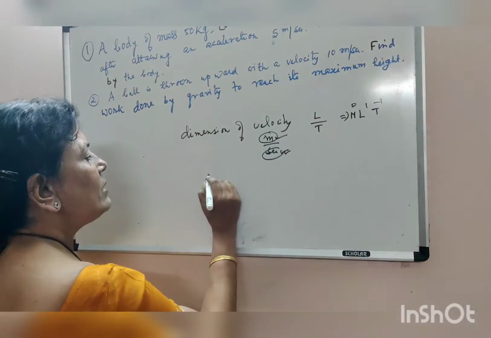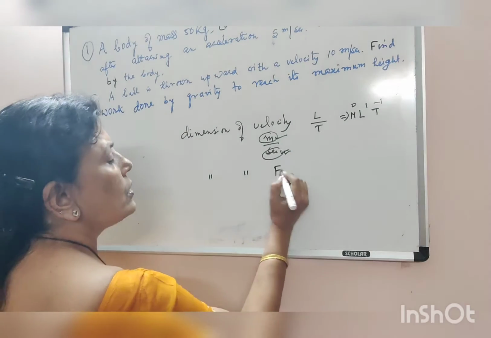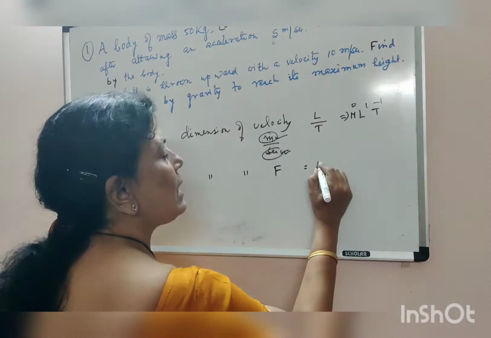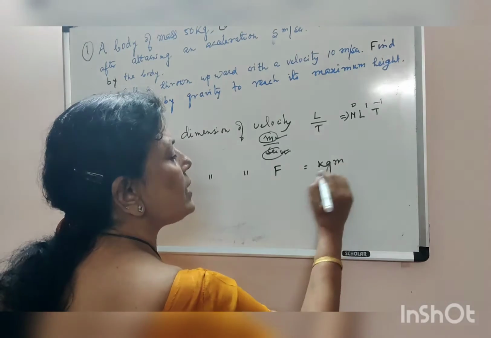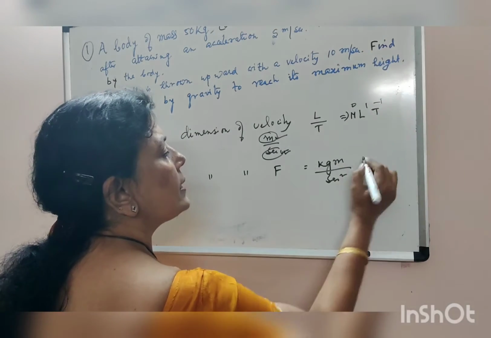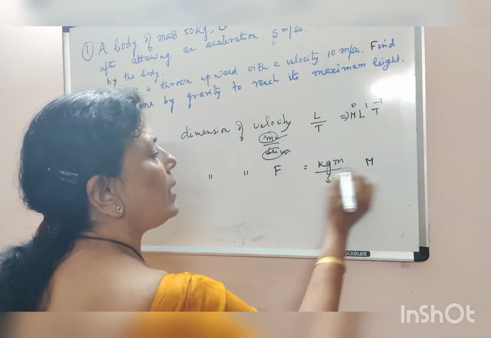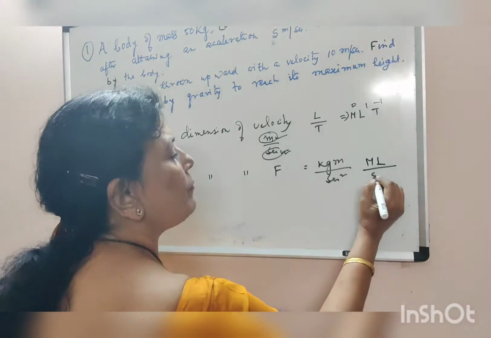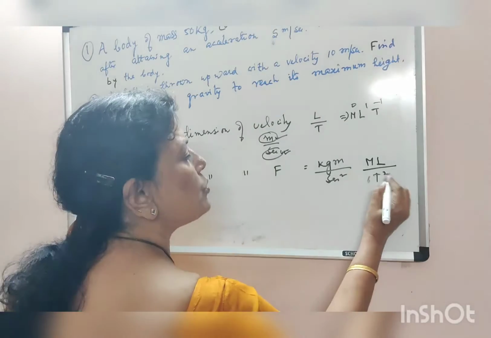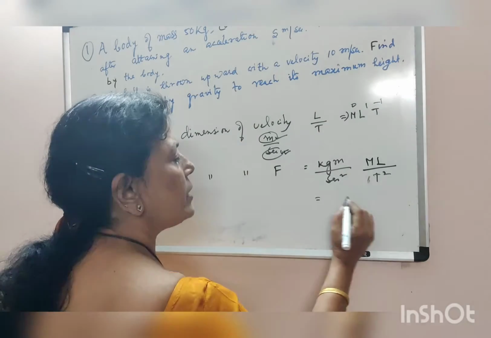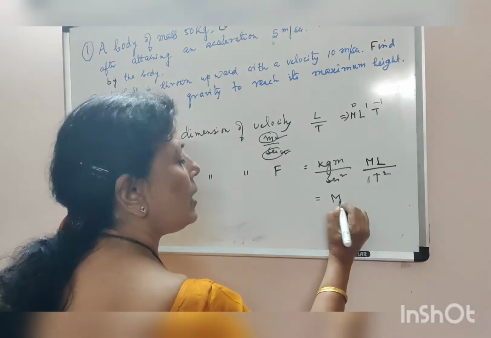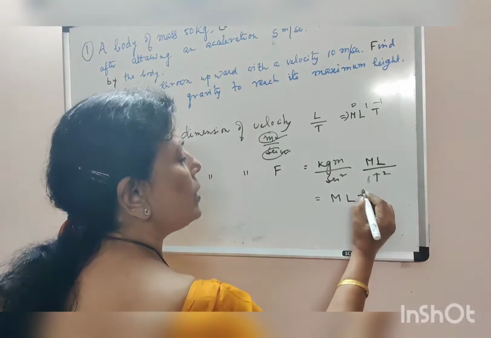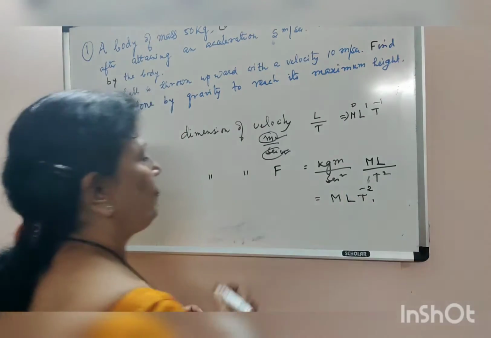Similarly, dimension of force, since force is equal to kg meter per second square. So kg is the unit of mass, meter is the unit of length and second square is the unit of time to the power 2. That implies dimension of force is mass into length into t to the power minus 2.